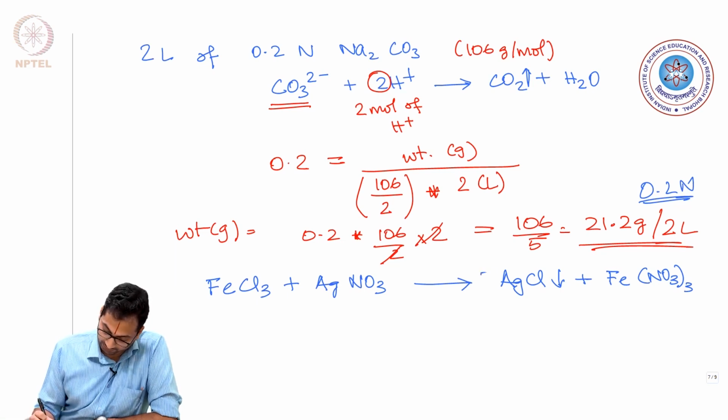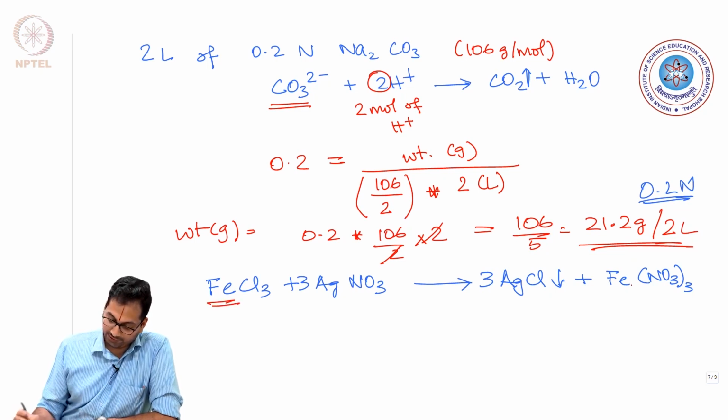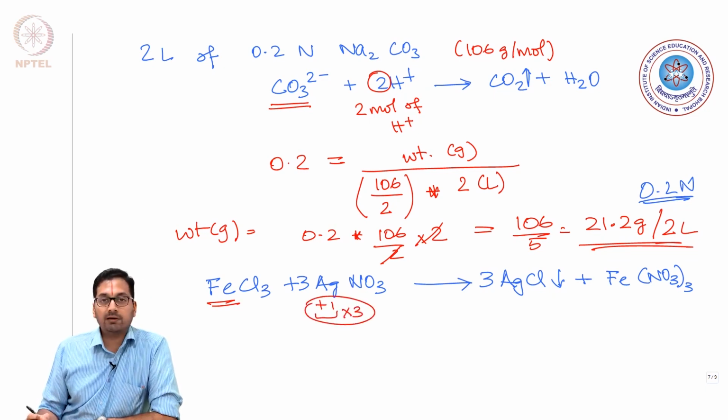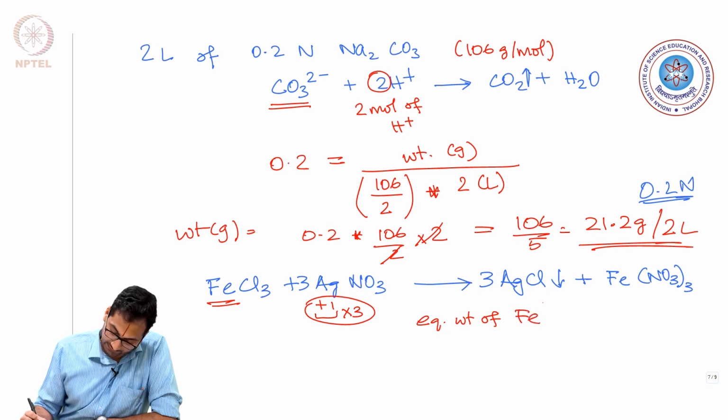You need to add a 3 here so that the chlorine gets balanced, and this automatically balances it. In this case, the iron atom is going to be using 3 equivalents of a univalent silver ion. So, therefore, the equivalent weight of iron in this case is going to be given by the molecular weight of FeCl3 divided by 3.